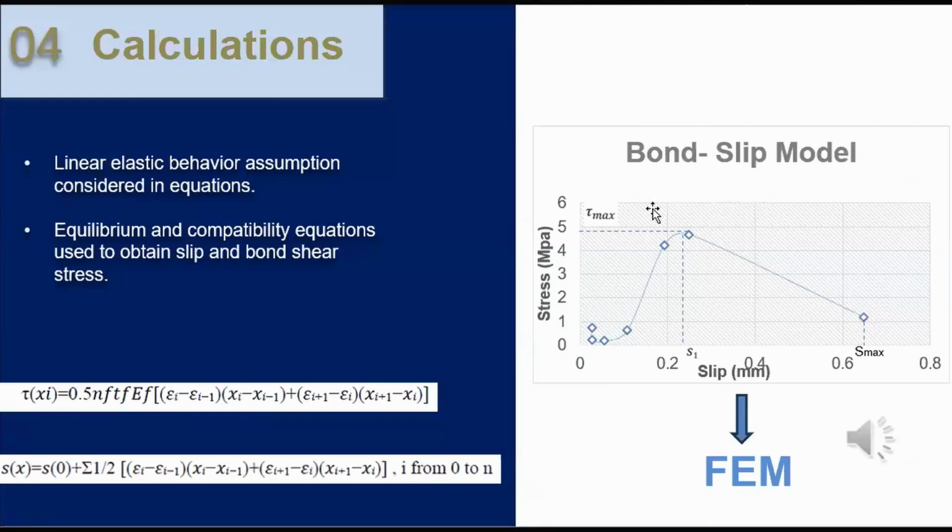From our bond slip model, we have 3 important parameters that we need to apply in the finite element model: tau max, which is the maximum stress for the beam, the corresponding slip for tau max, and the maximum slip.